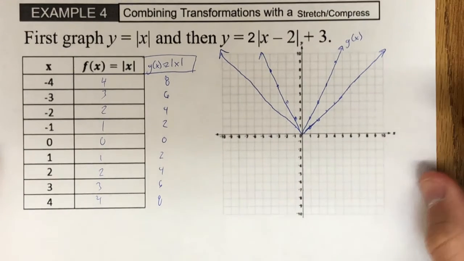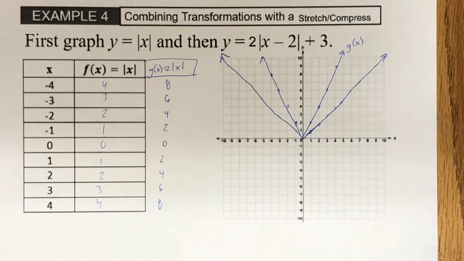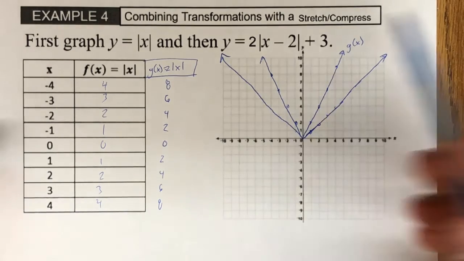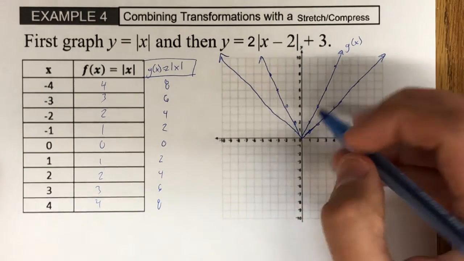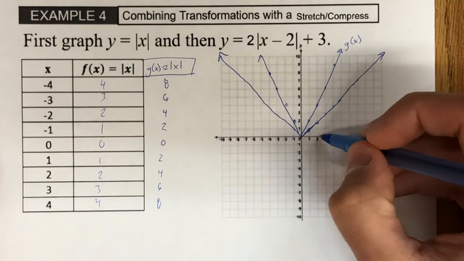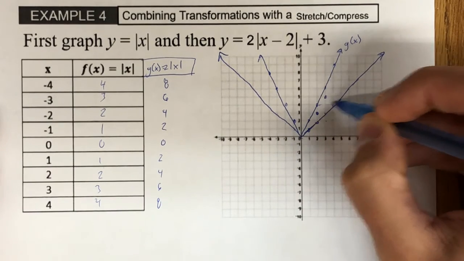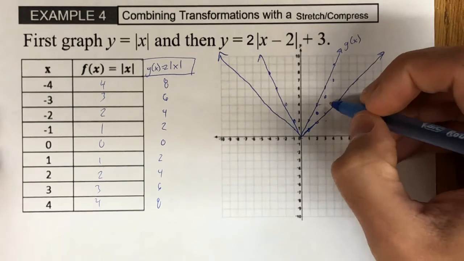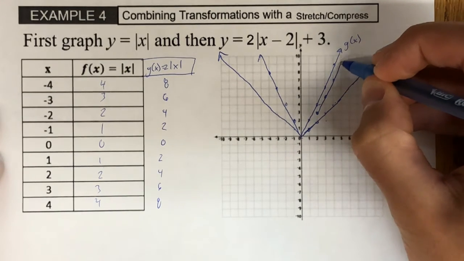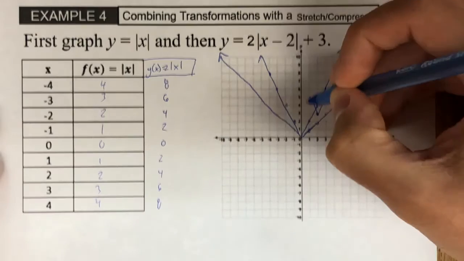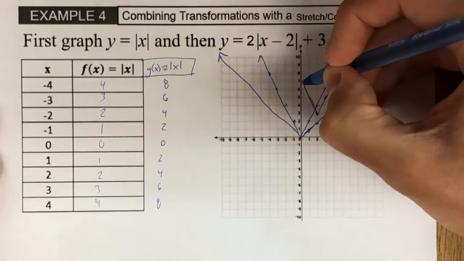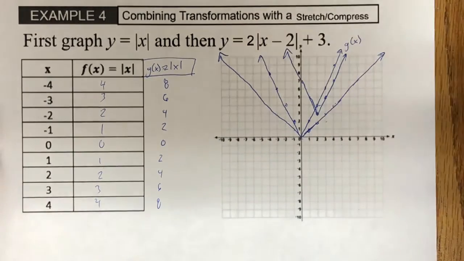And then you can perform your vertical or horizontal shift. So here we have right 2, up 3. So we just take all these points, shift them to the right 2 and up 3. And the same would apply with your other points.